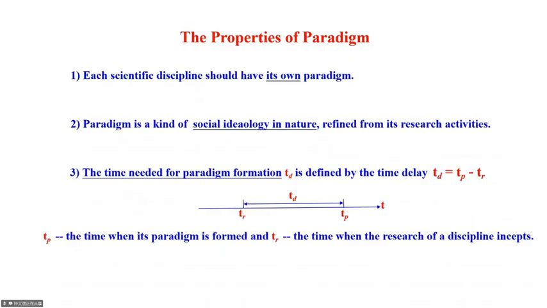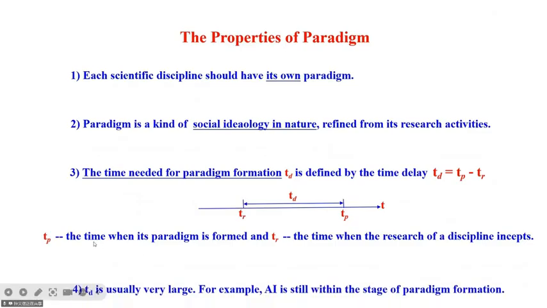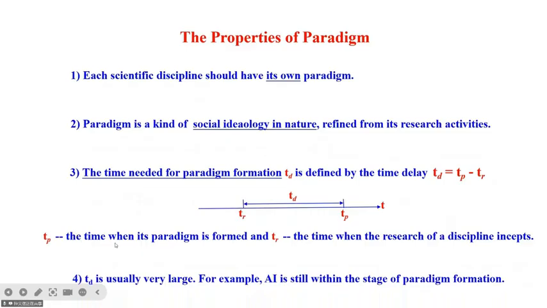Okay, TD is defined as the time delay. That means TD equals TP minus TR. TR means the time when the research of the discipline starts or incepts, and TP is the time when its paradigm is formed.